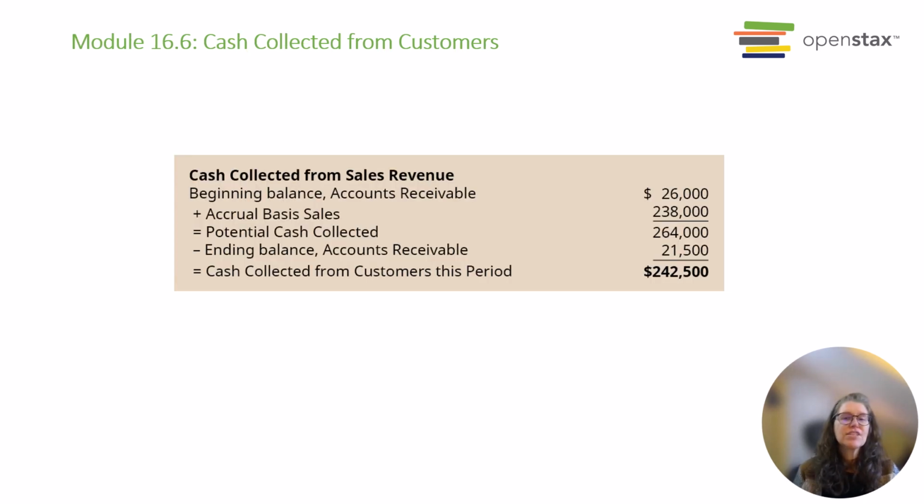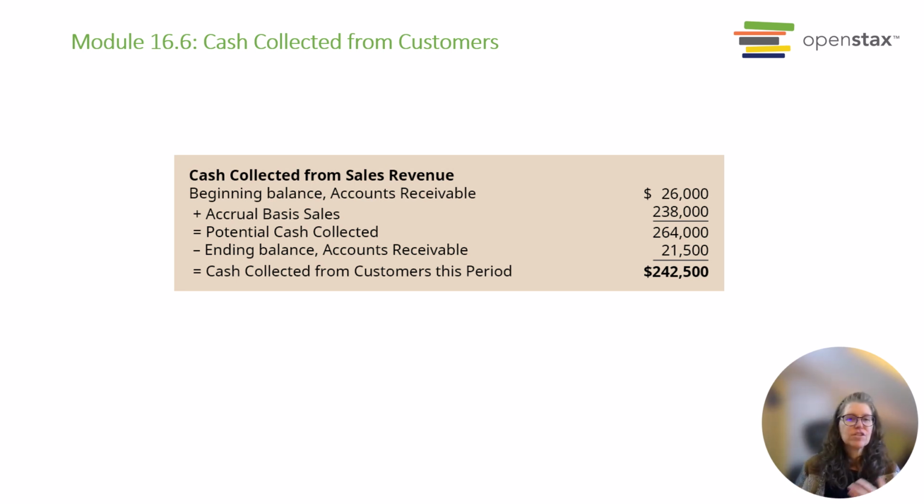So now let's talk about just a formula, in case you need it, of how to identify the amount of cash collected from customers. So let's say you're an accrual company, but you really just want to try the direct method, right? The way we would do that is through a basic formula that you'll see pretty similar as we move through managerial accounting.